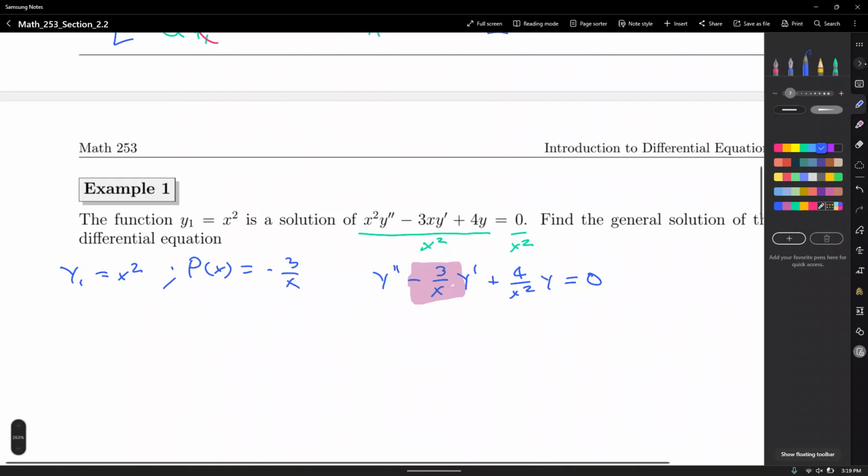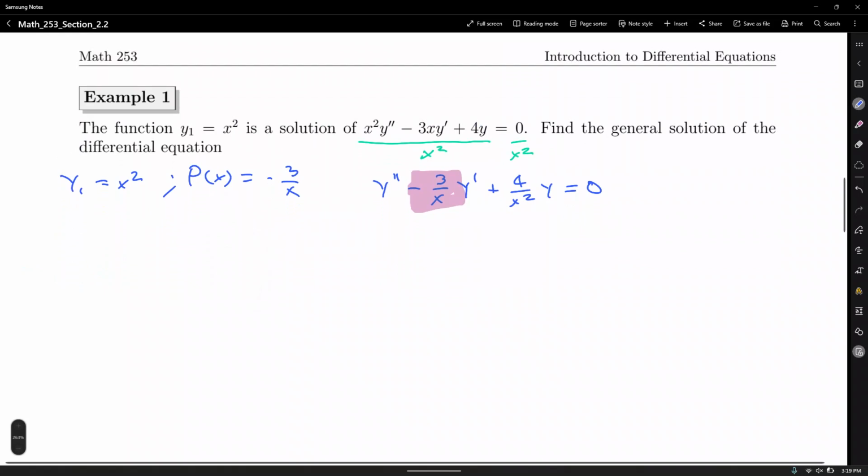So the rest of the problem is just substituting into the formula, that is, finding the second solution, y sub 2, by evaluating this humongous integral, that is y sub 1 times the integral of e to the negative integral of p dx divided by y sub 1 squared dx.